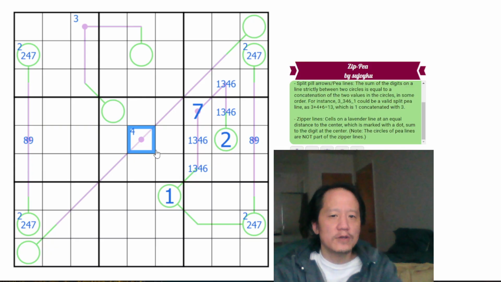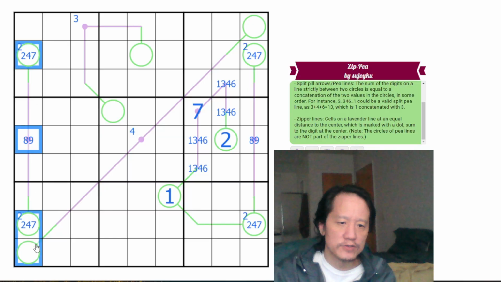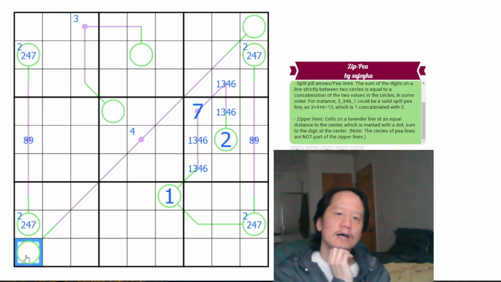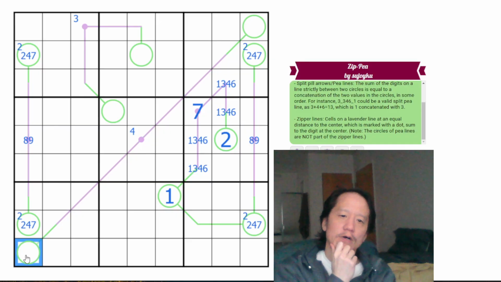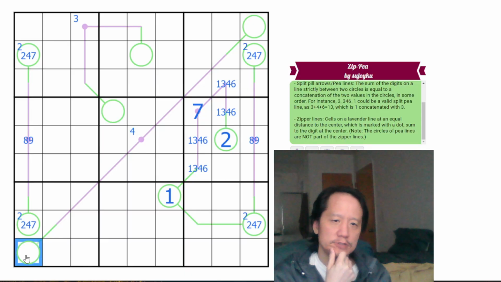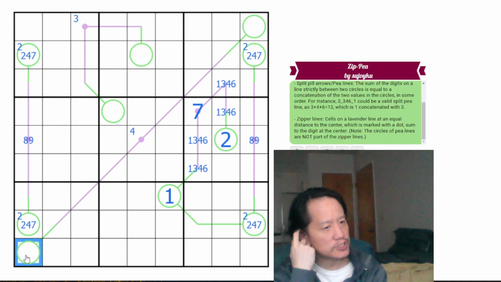There's no 2 here because we know one of these is 2. There's no 2 here because we know one of these is 2. Sorry, it has to be 4 times a digit.